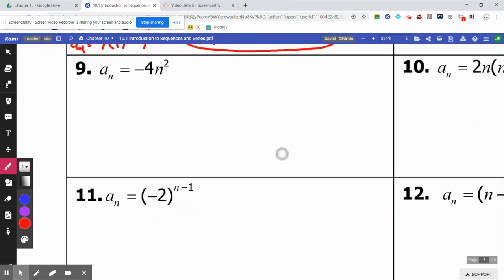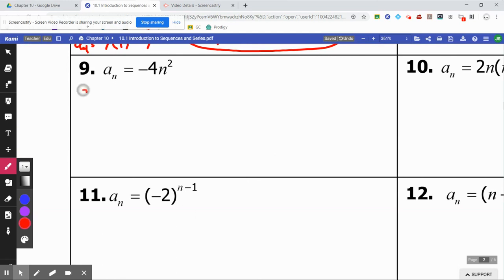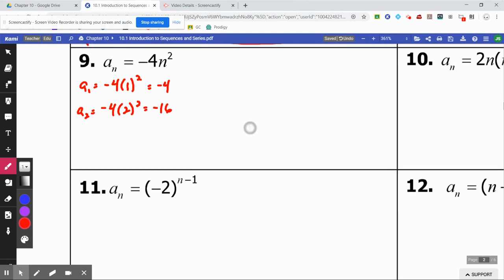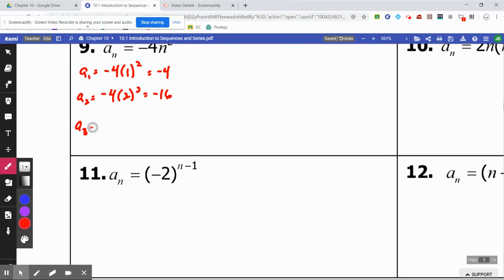Number 9, negative 4n squared. A1 would be negative 4 times 1 squared. Make sure we square before we multiply by negative 4. That's going to be a negative 4. A of 2 is going to be negative 4 times 2 squared, which is negative 4 times 4, which is negative 16. A of 3 would be negative 4 times 3 squared, which would be negative 4 times 9, which is a negative 36.